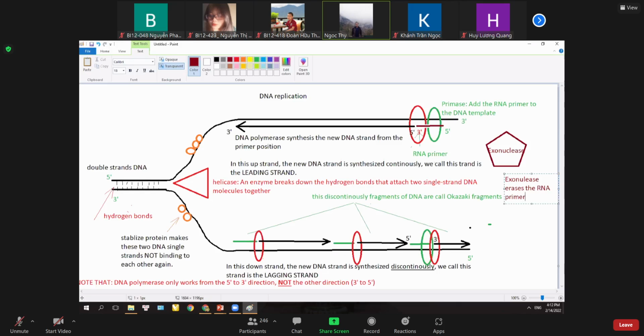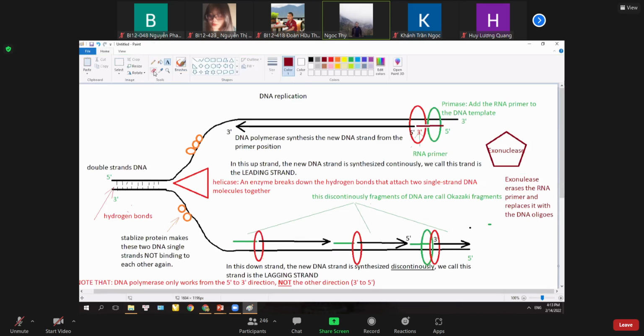Primer, replaced with DNA oligos, or DNA fragments, it's the same meaning.